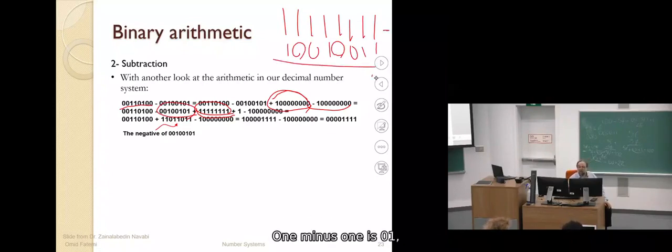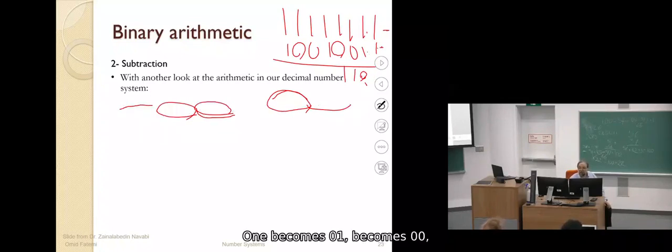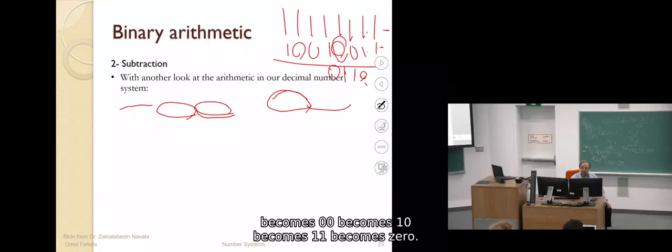1 minus 1 is 0. 1 minus 1 is 0. 1 minus 0 is 1. 1 minus 0 is 1. You see, each bit negates. 1 becomes 0. 0 becomes 1. 1 becomes 0. 0 becomes 1. 1 becomes 0.